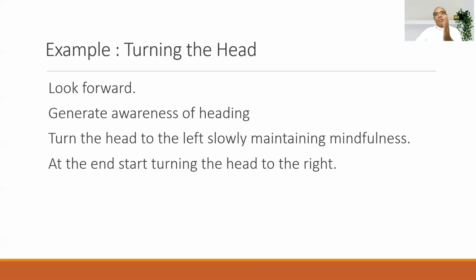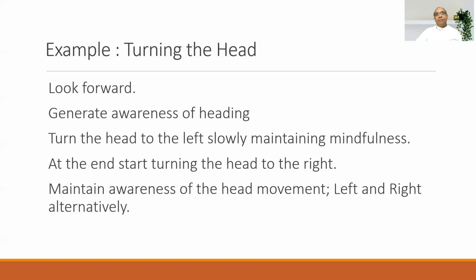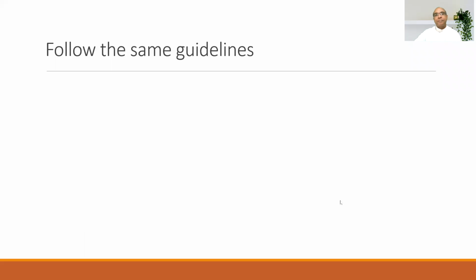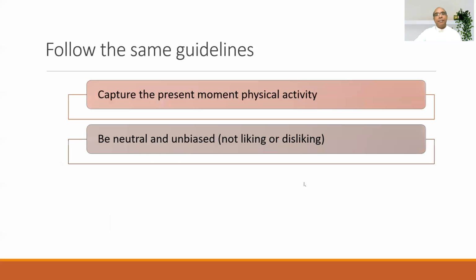At the end, start turning the head to the right with full awareness of that the head is being turned to the right. So right, left head movements will be monitored by the mind alternatively. After that, arising of the movement and finishing of the movement with full awareness of the causes. Because to turn the head from left to right, again, a mental decision is there and decision is being carried out. And that decision is associated with the ignorance and craving on this movement. So same guidelines as earlier.